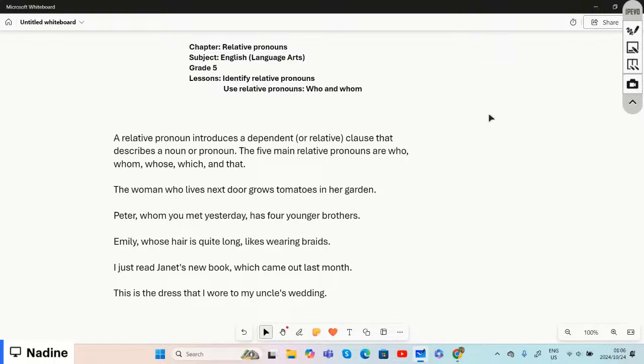All right. So when it comes to relative pronouns, firstly, a pronoun takes the place of a noun. So a pronoun takes the place of a noun, right? And we do have different pronouns. But now, today, we're going to be focusing on relative pronouns.